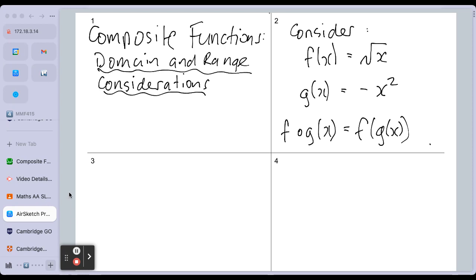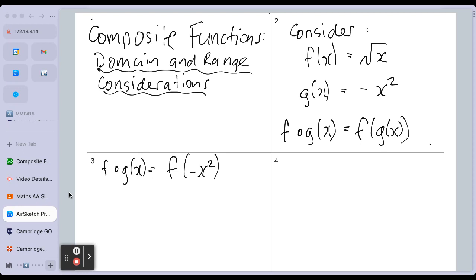I could see some thoughtful discussion happening in the room, which was good. For those of you who followed through the steps, it would have been something like this. f composed with g of x is equal to f of negative x squared.